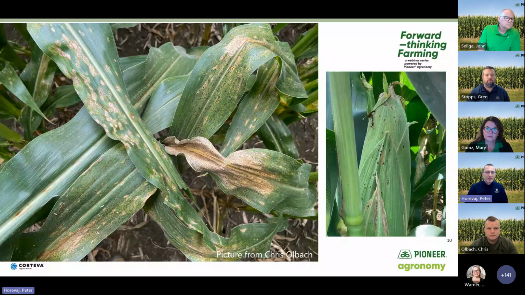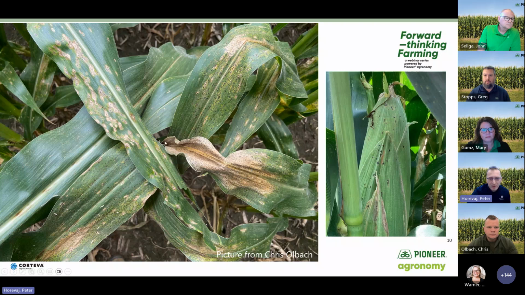In terms of what you can see there, depending on the genetics of your hybrids, you can see some really individual spores, stroma, those black spots, or you can see what we see very often when you have more dense stroma, that it starts overwhelming those leaves and they start turning necrotic, first in some spots, and then you can get the majority of the leaf.